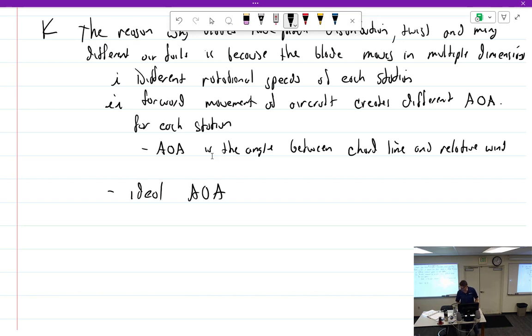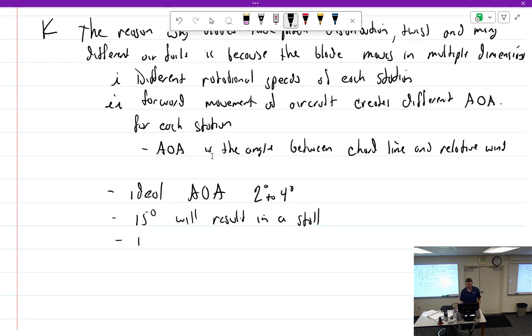Ideal angle of attack is how much? 2 to 4 degrees. 15 degrees will result in a stall. I think you all know what a stall is.